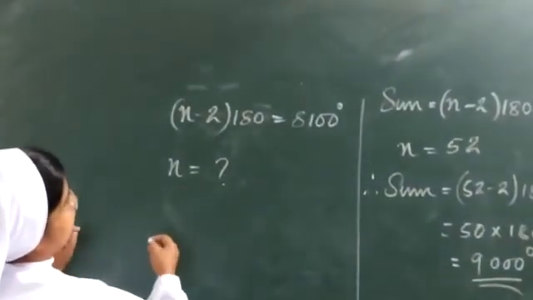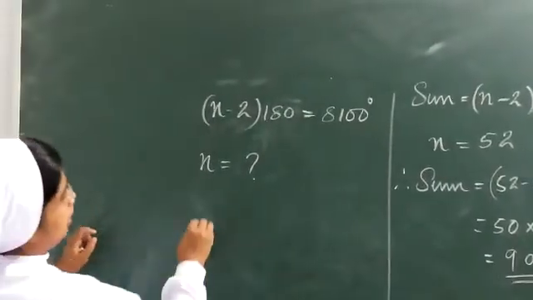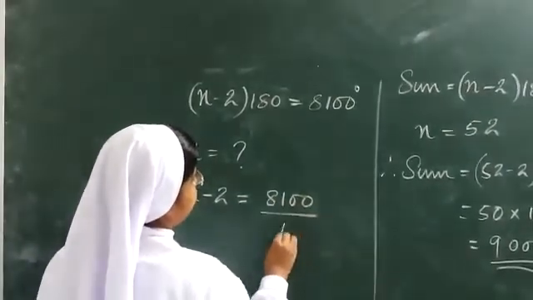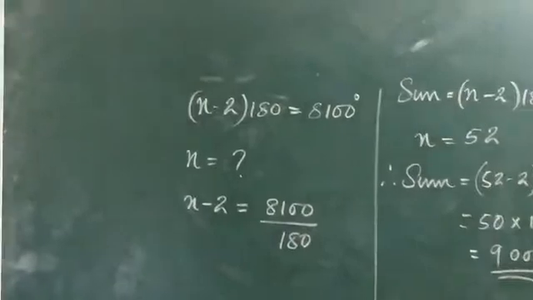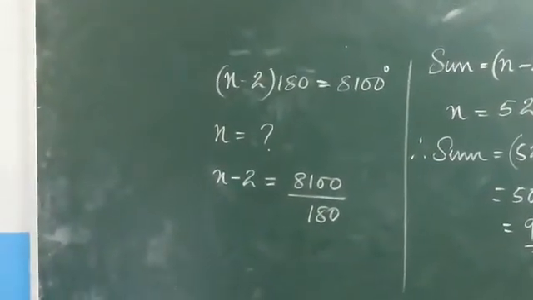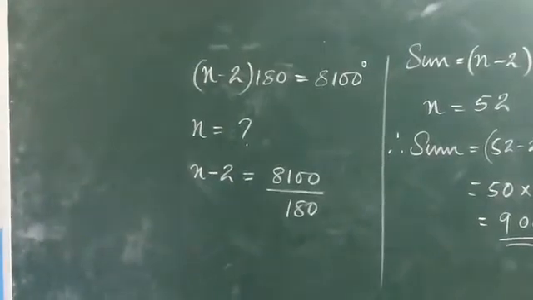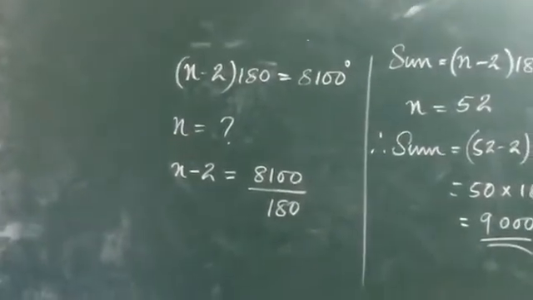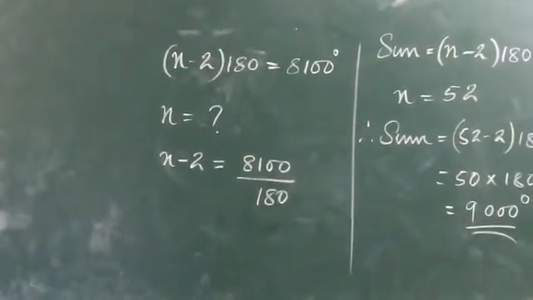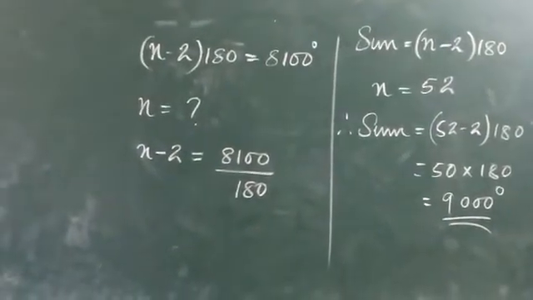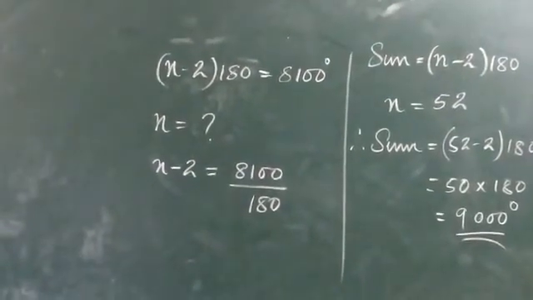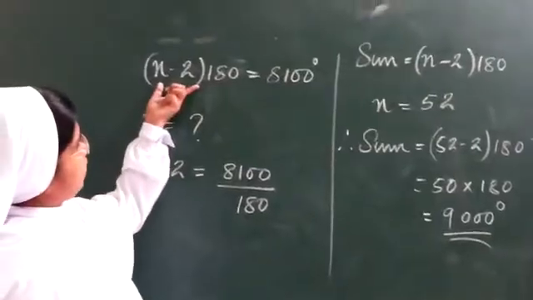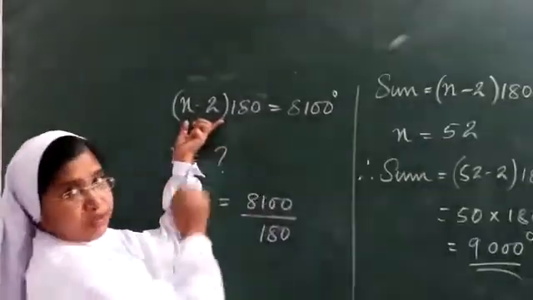So what can we do here? N minus 2 is equal to 8100 divided by 180. Calculate and see. How does n minus 2 come? It was n minus 2 into 180. In the chapter 2 equations we learned that when there is multiplication and it goes after the equal sign, we have to divide.